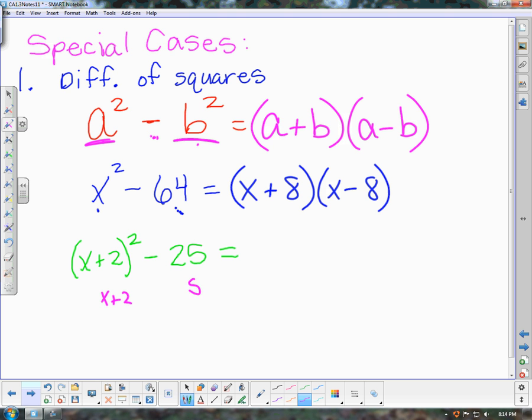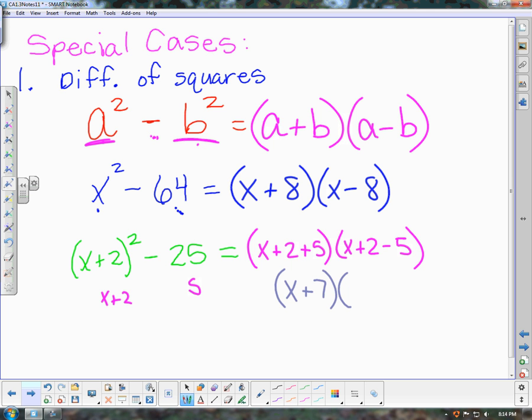The square root of this is 5. So you would have x plus 2 plus 5, and then x plus 2 minus 5. And now simplifying that down, this turns into x plus 7, and this one turns into x minus 3.